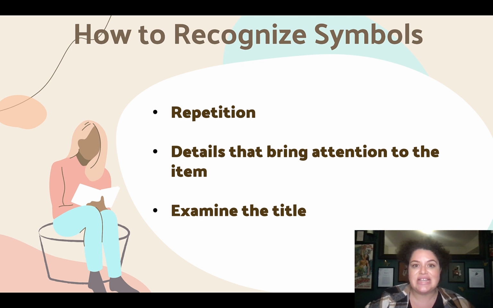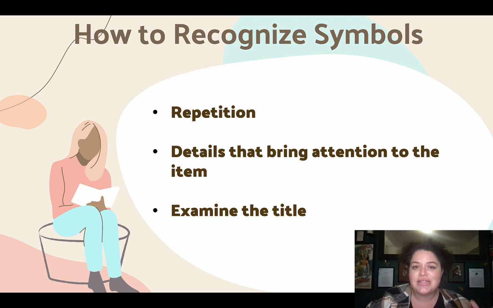Let's say there is an apple on the table and the author spends 4 or 5 sentences really describing this apple, bringing a lot of attention to it. That is the author saying, hey, pay attention to this thing that I'm telling you about. It's going to be important later on. It's going to symbolize something, okay? So, repetition and details that bring attention to an item.